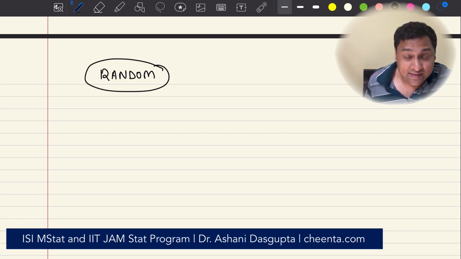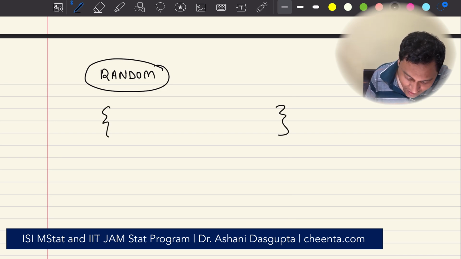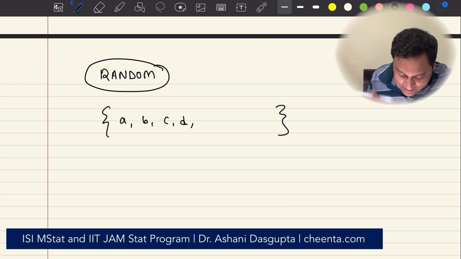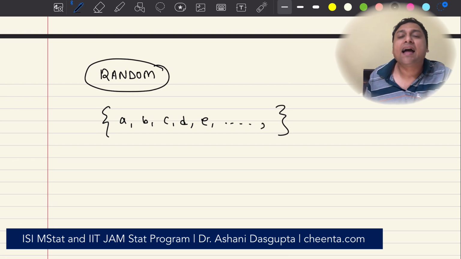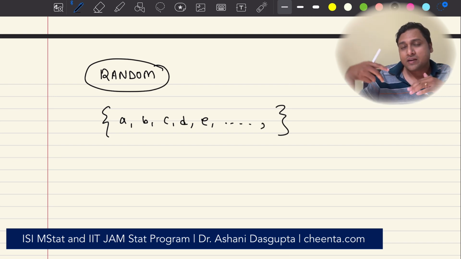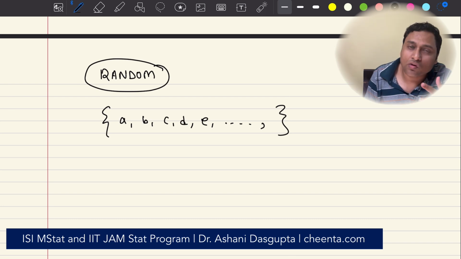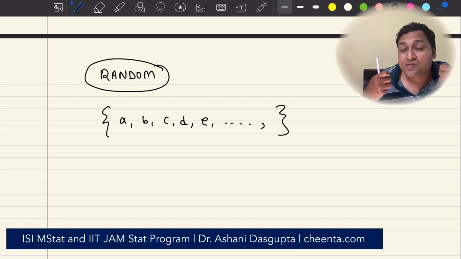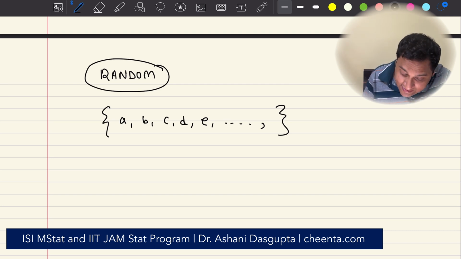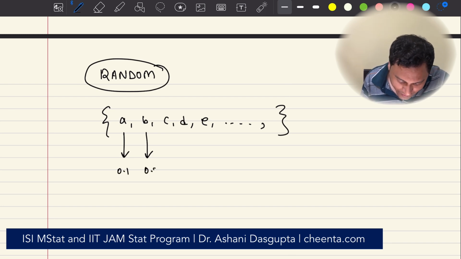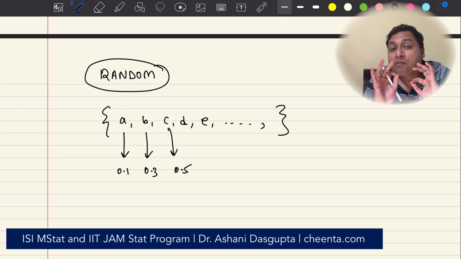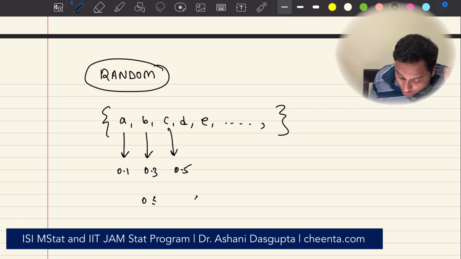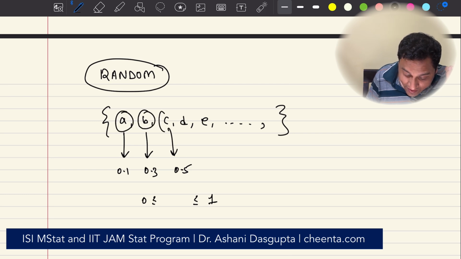What probability does is that it takes a set of objects, and in the discrete case, (the continuous case I will probably talk about in a different video), it assigns some number, maybe 0.1, maybe 0.3, maybe 0.5, some number between 0 and 1 to each of these elements.